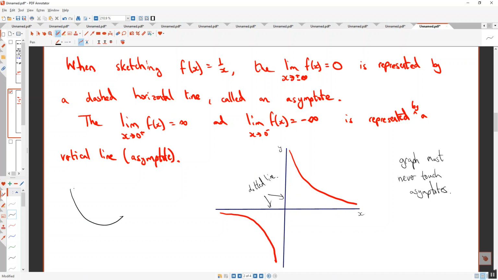What can you tell me about the inverse of a reciprocal function like 1 over x? You should know something about it.